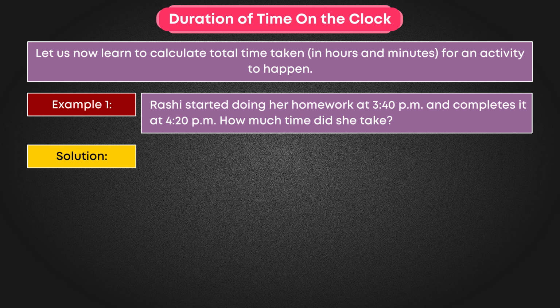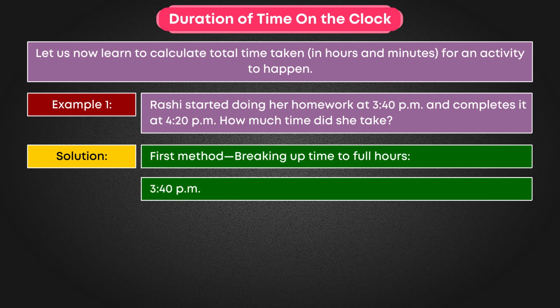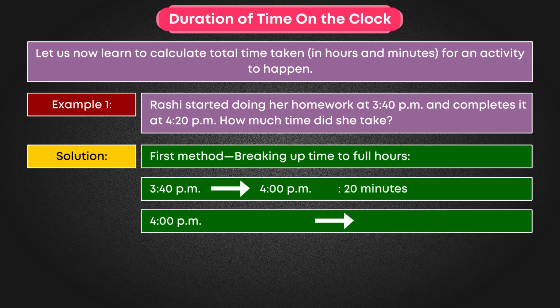Solution. First method, breaking up time to full hours. 3:40 p.m. to 4 p.m. The difference is 20 minutes. 4 p.m. to 4:20 p.m. The difference is 20 minutes.